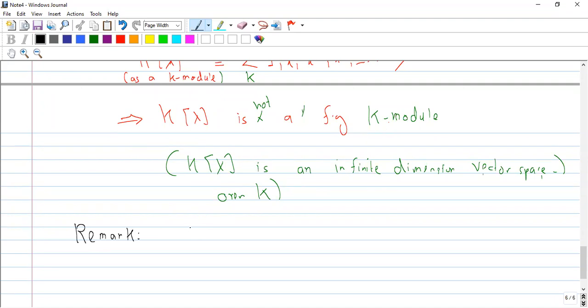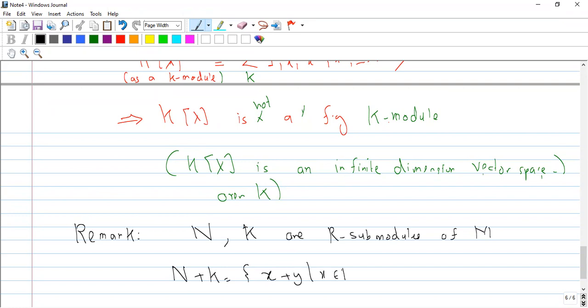So we know that if N and K are submodules of M, ये मैंने एग्जांपल भी आपको करवाई थी, then N plus K, which is defined in this way that it contains elements which are in the form of x plus y, where x is an element of N and y is an element of K, is also an R-submodule.